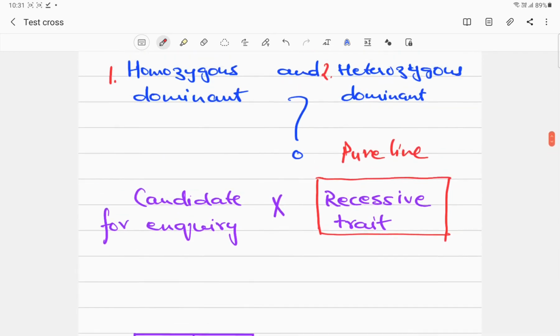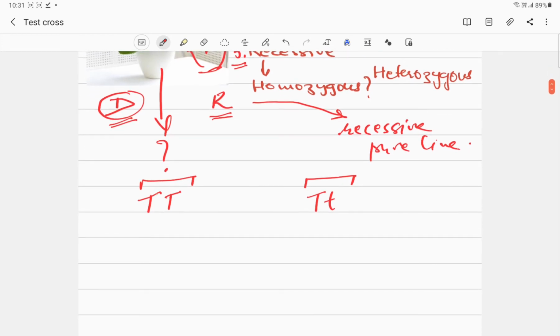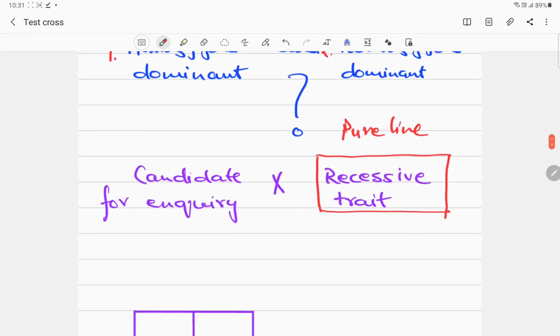So if I have to find out whether this plant has a homozygous dominating allelic pair or a heterozygous dominating allelic pair, what do I do? I first of all take a pure line, and the pure line will have the genotype small t small t. So this is what I require.